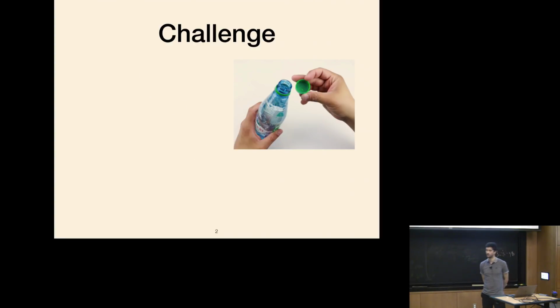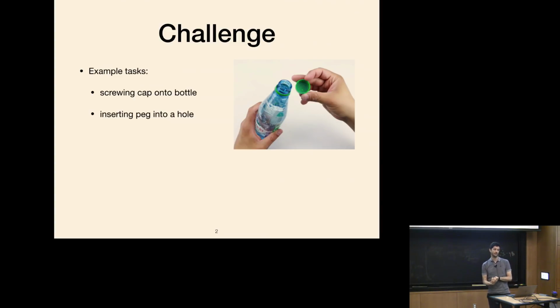Okay, so what's the challenge? Imagine you want to screw a cap onto a bottle. If you actually think about doing that, if you go down and now you're a little bit tilted, think about all the different contact conditions that could arise. The whole rim could be making contact with the threads, or it could be off-center. There are many different situations, and it's pretty hard to write down the dynamics for this task.